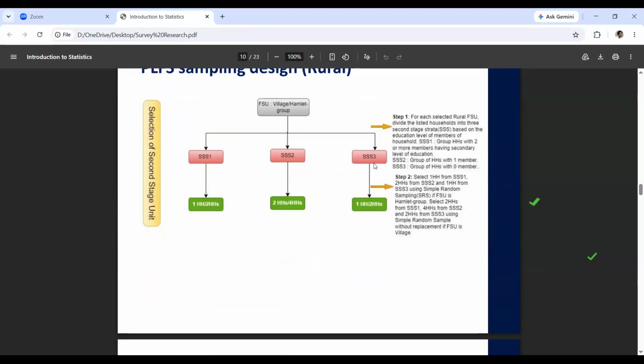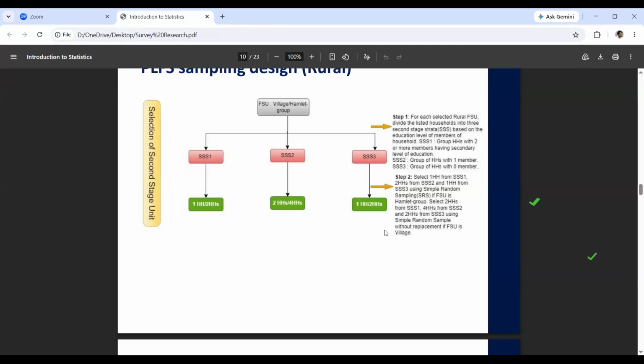If the Hamlet group was not created, the village was not further divided, the population was below the threshold, then 2 households are selected from SSS1, 4 from SSS2, and 2 from SSS3. So in both scenarios, from one village, 8 households are selected.